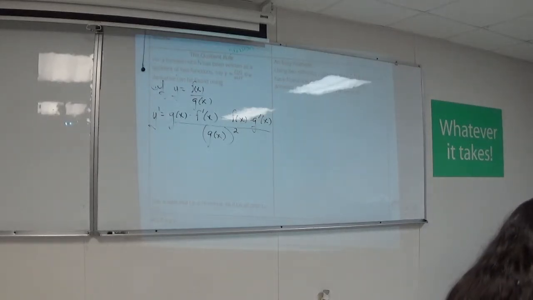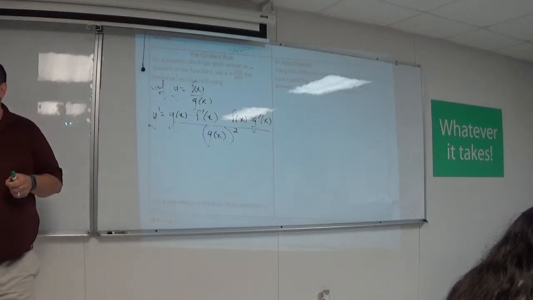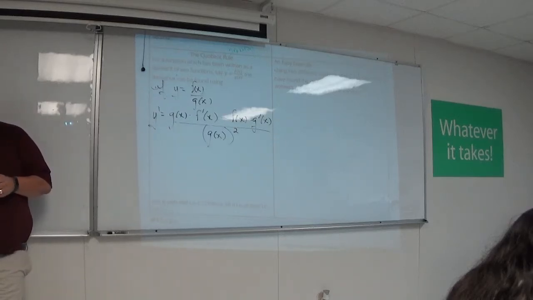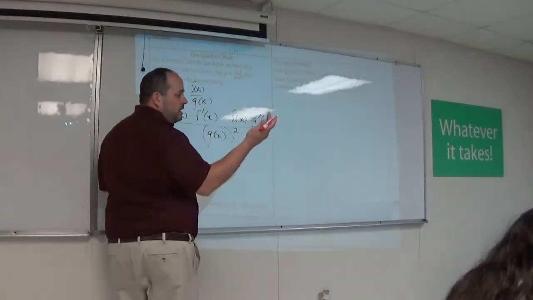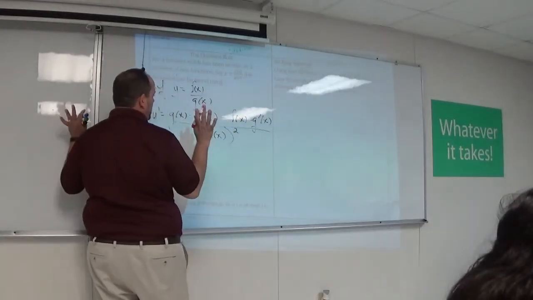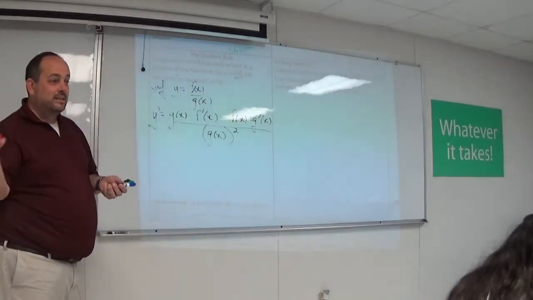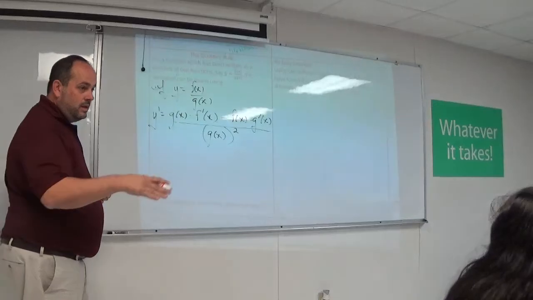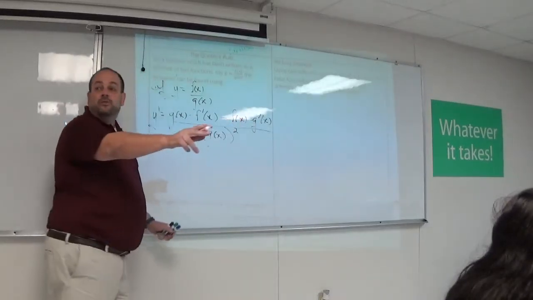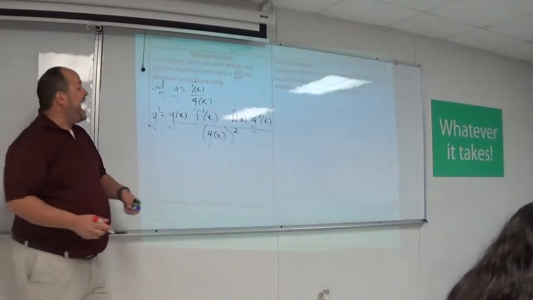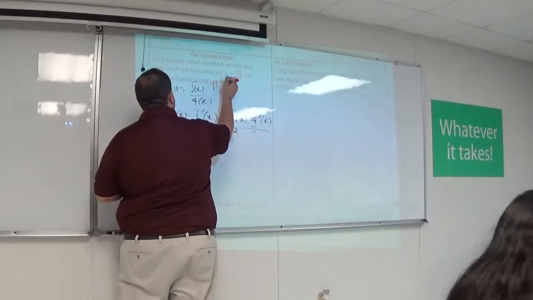What does that even mean? Has anybody decoded that yet? Low D high minus high D low all over low. High does not mean derivative. High is the numerator.